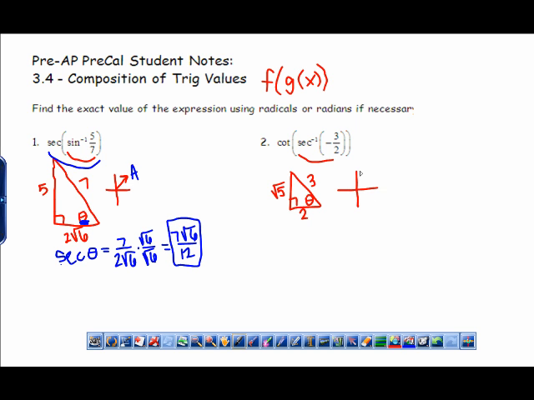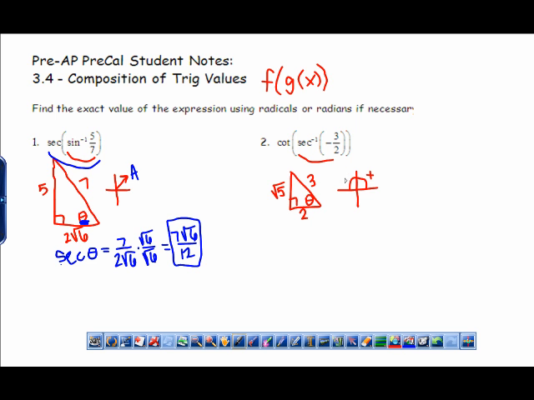Okay, so it looks like I'm taking arc secant of a negative. Now, arc secant's restricted range, remember this from principal value, 3.2. Arc secant has the restricted range from 0 to 180 or 0 to pi. If the ratio is positive, we stay in quadrant 1, like what happened in example number 1.